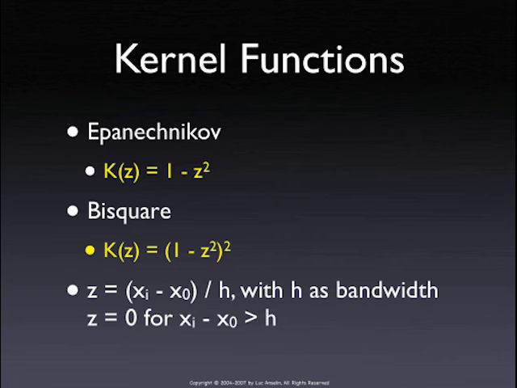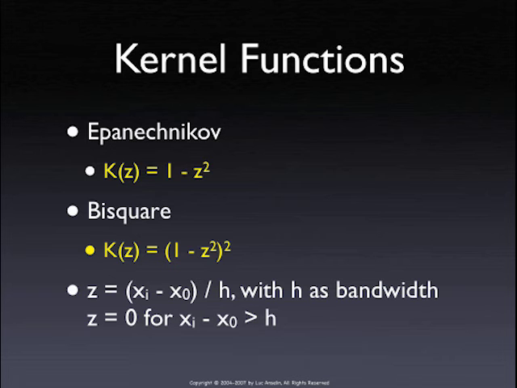So for all practical purposes, there is a practical bandwidth, which means that once you're beyond this point, the contribution of these observation points becomes very, very small. But in principle, a continuous kernel like a Gaussian kernel brings in all the data points. So there's no absolute cutoff for a normal kernel, which is simply a Gaussian function.